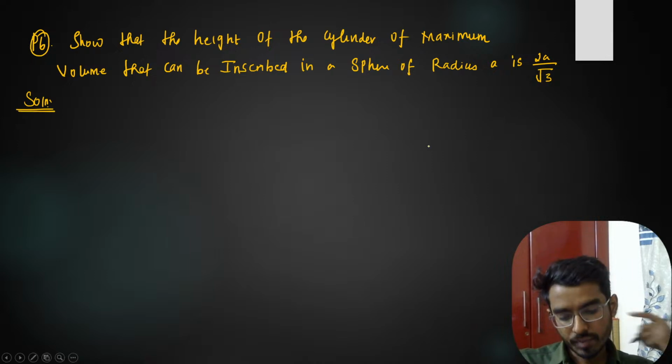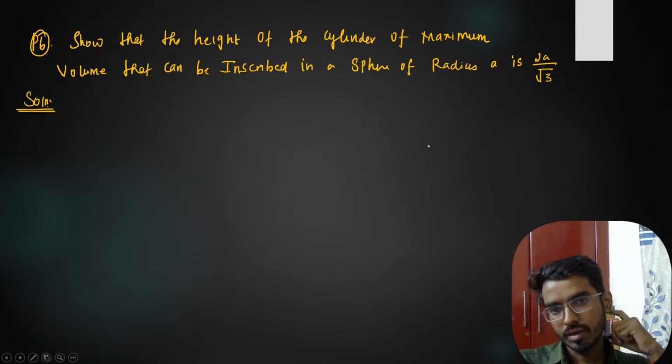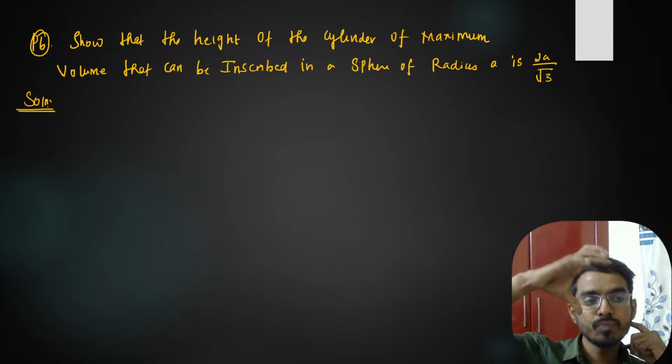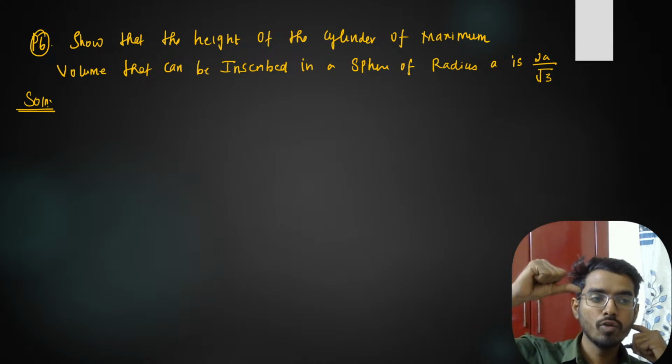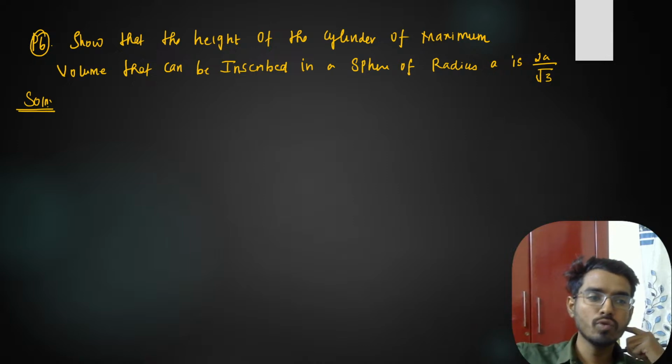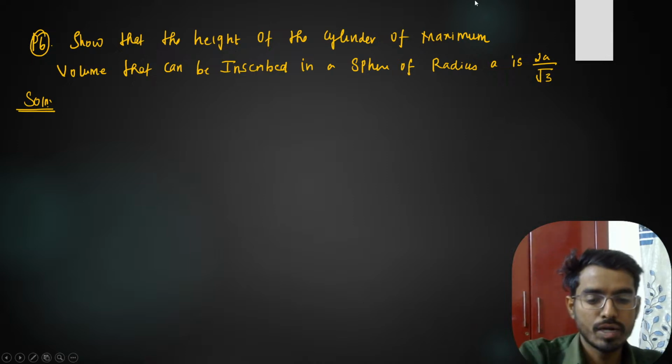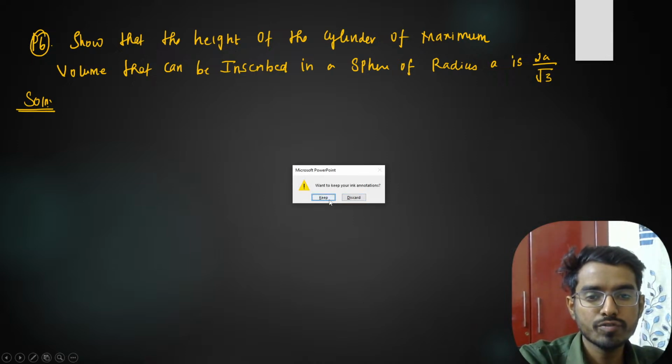So we are inscribing a cylinder inside the sphere. The cylinder has to be of maximum volume. That happens when the height of the cylinder is 2a by root 3, where a is the radius of the sphere.